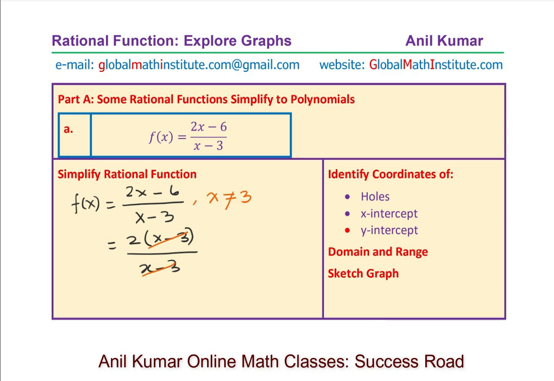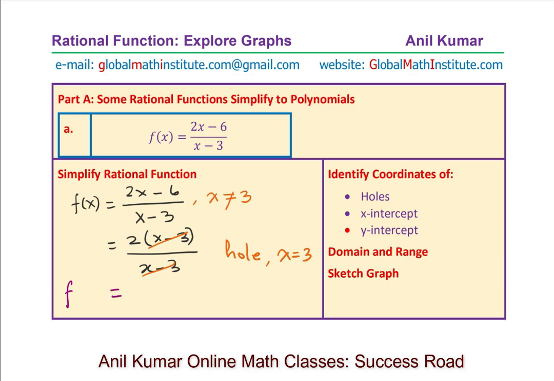Now, in the second stage, when we simplified the rational function, what did we see? We see that this factor, which gave a 0 in the denominator, cancelled. So that results in a hole, right? So that means we have a hole at x equals 3. You get the idea. So you literally get f of x equal to what?